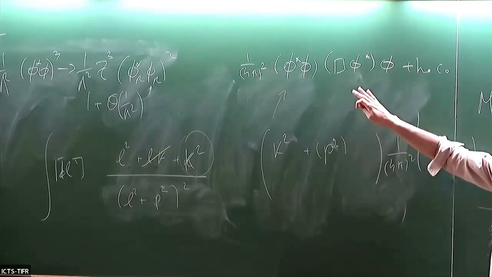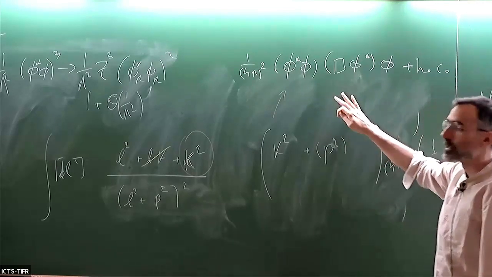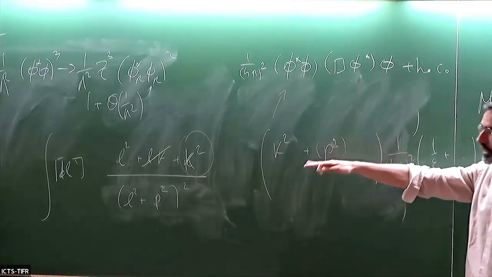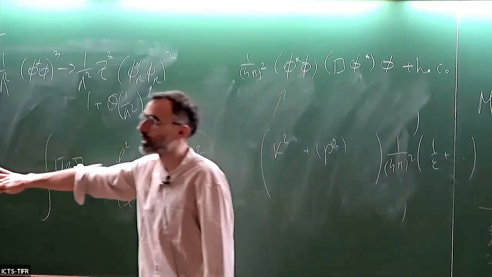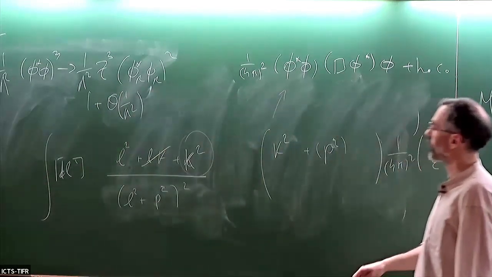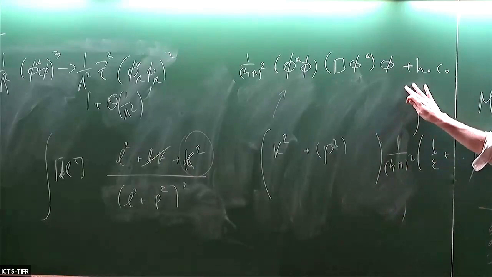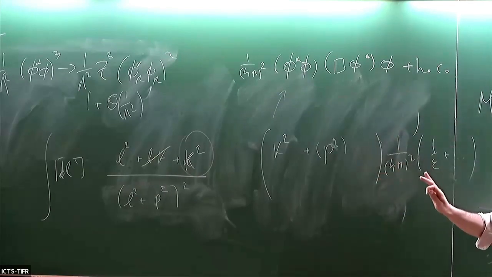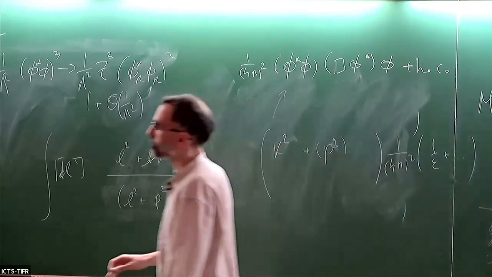You can go through the notes again. So even though it looks like this diagram with 4 external legs, through this equation of motion it is secretly, again, a contribution to C6. Right?